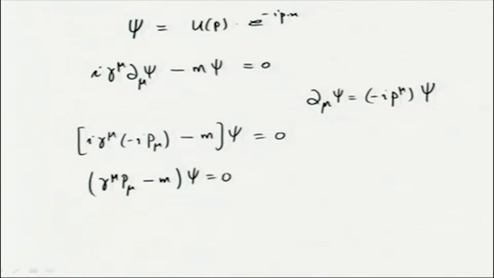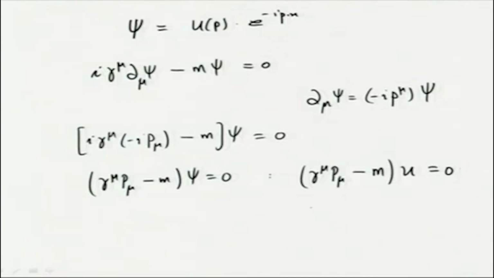I factors go away, or I could also write it as gamma mu p mu minus m acting on u equal to 0, because the exponential e power I p dot x is anyway not equal to 0. So, that is easy.